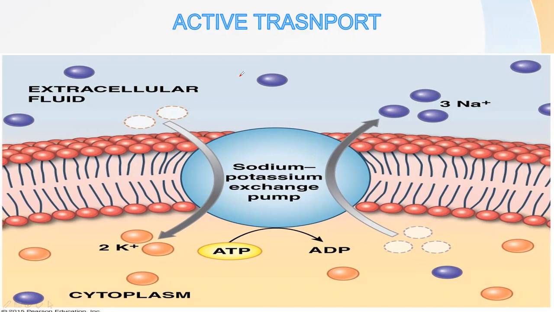So for example, let's say two ions of potassium, you can see on the screen. Sorry, it's quite different from the explanation. On the picture you are seeing, there is a concentration of the potassium ions outside, and the concentration of the sodium ions inside.